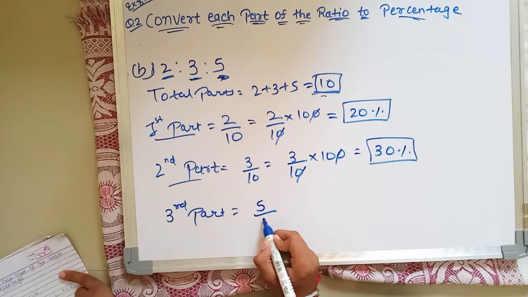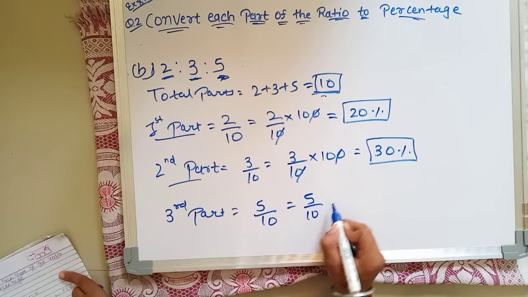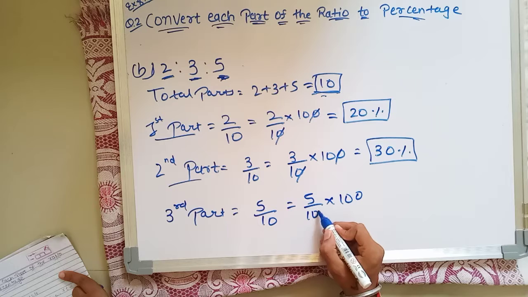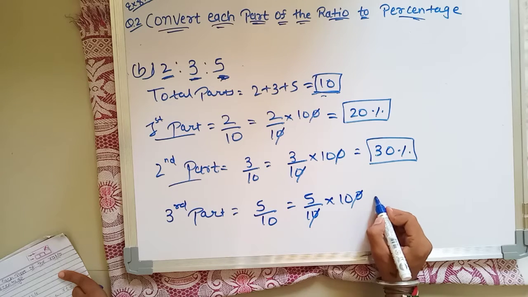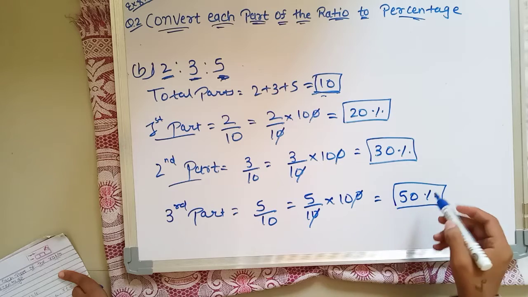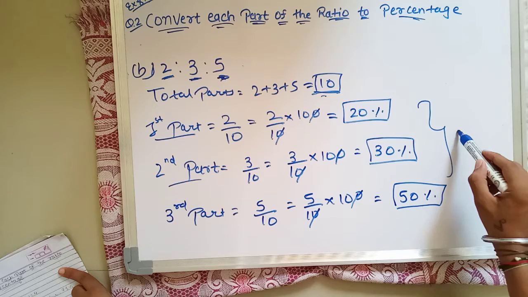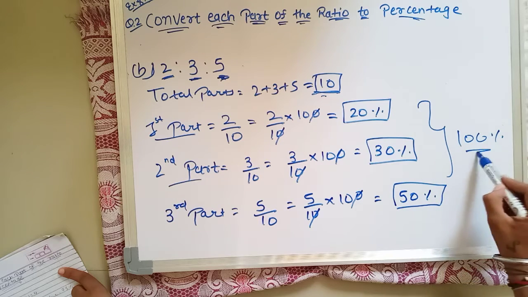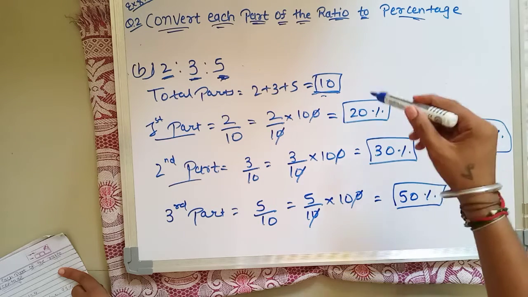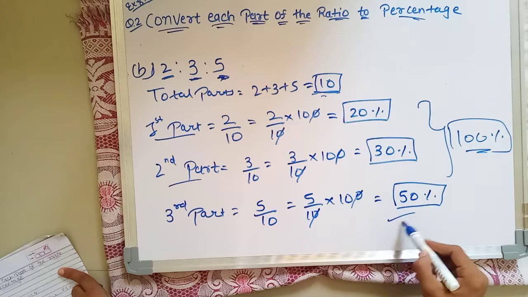So 5 divided by 10, we convert it into percentage, so 5 divided by 10 multiplied by 100. The zeros cancel, 5 times 10 is 50%. If you total these, 50 plus 30 plus 20, you will get 100%. So our answer is correct. If you add these and get 100%, then you will be correct.